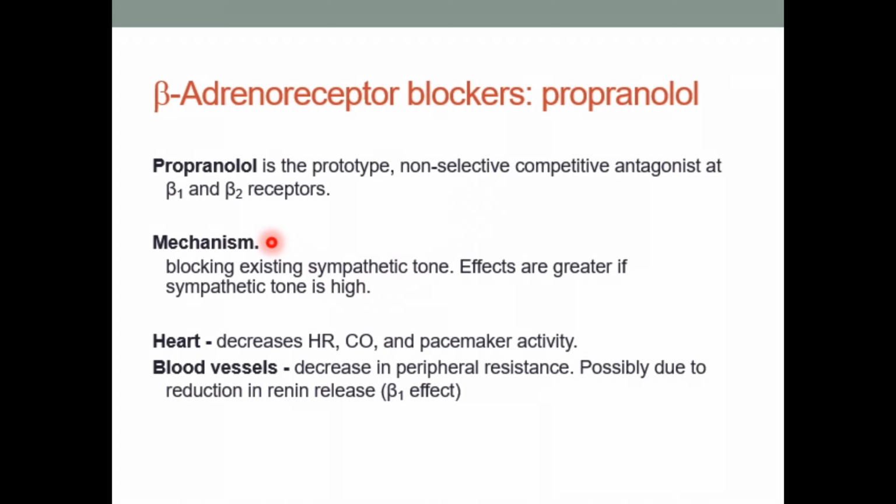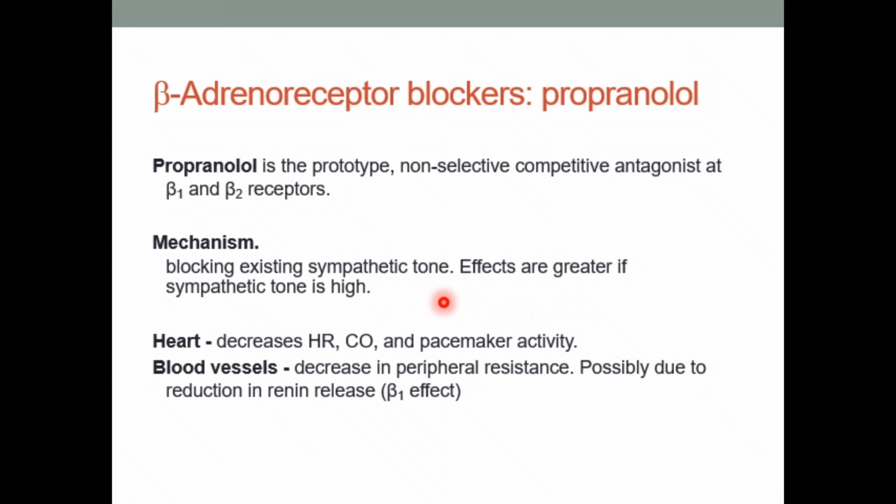So the mechanism is when it blocks beta 1 and beta 2, it blocks the sympathetic tone, and if the sympathetic tone is high, the effects are much greater. So in the heart, you reduce the heart rate, reduce the cardiac output, and reduce the pacemaker activity as well.